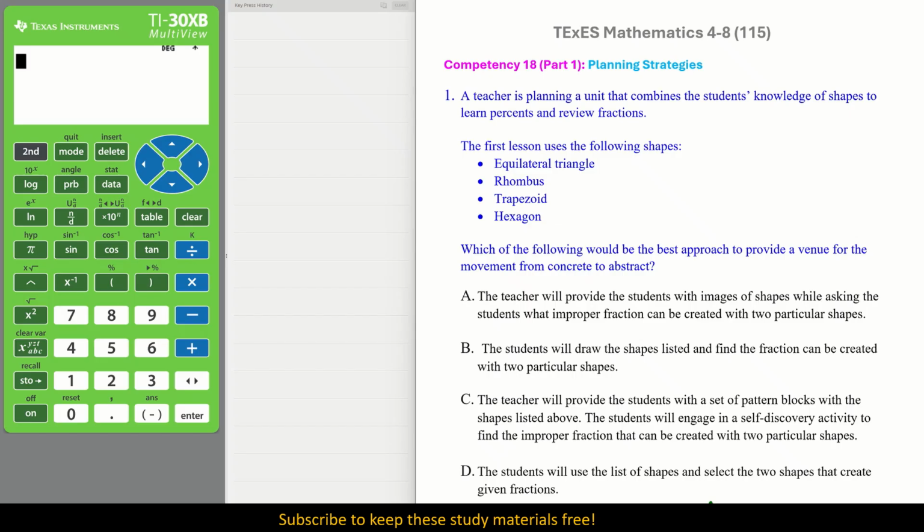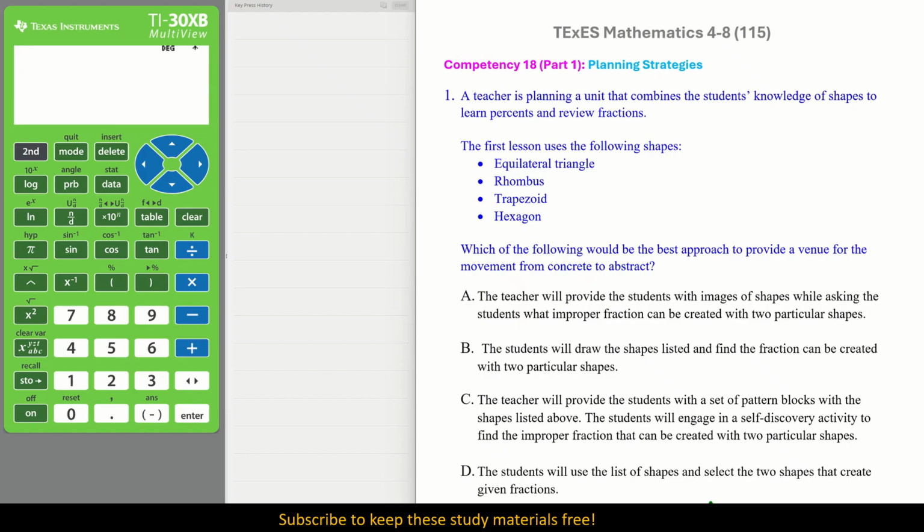Which of the following would be the best approach to provide a venue for the movement from concrete to abstract? Okay, let's focus on concrete. Let's begin with that. That would have to be something physical in front of the students. By definition, that would not be images, meaning it would not be a computer program.